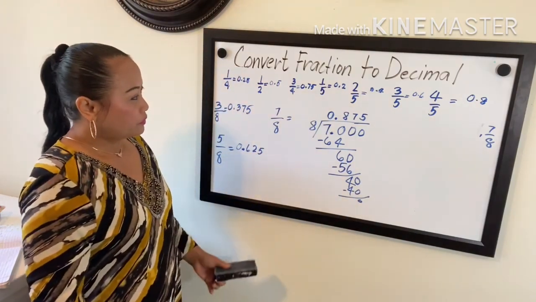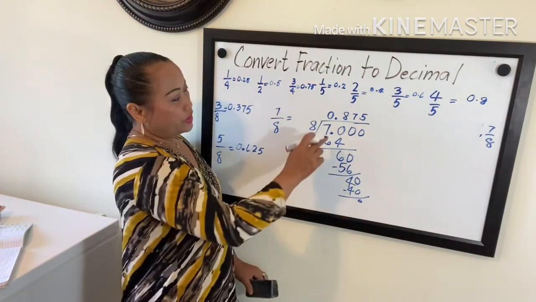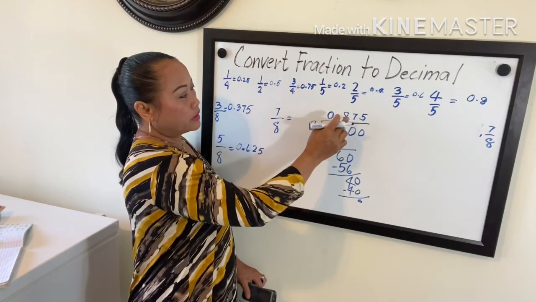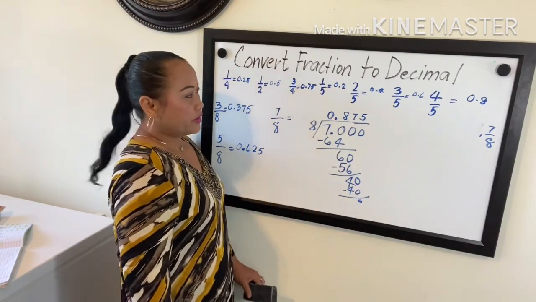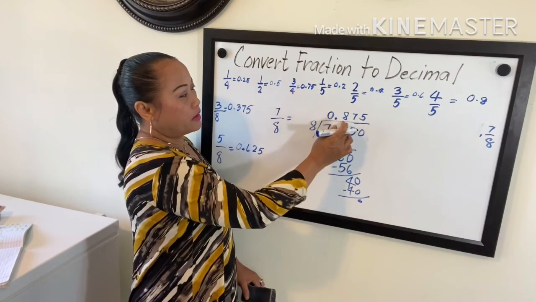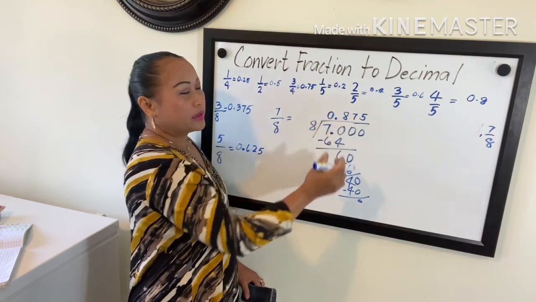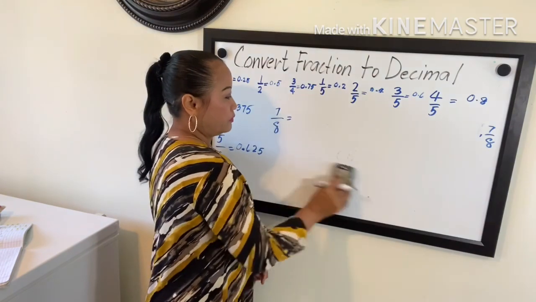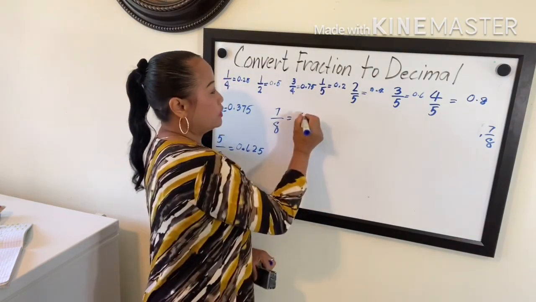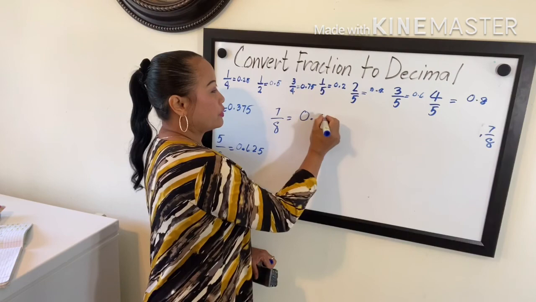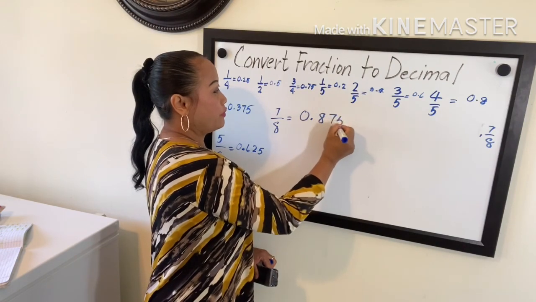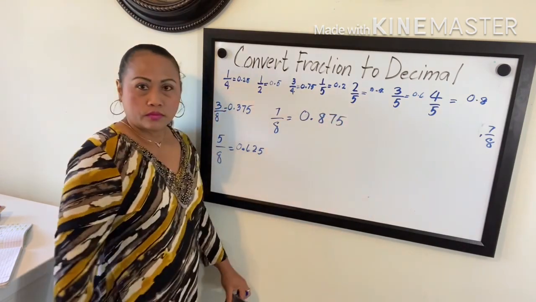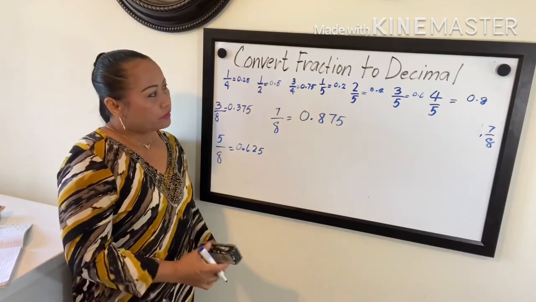So our answer is 0.875. Or we can read this as 875 thousandths. 0.875. Okay.